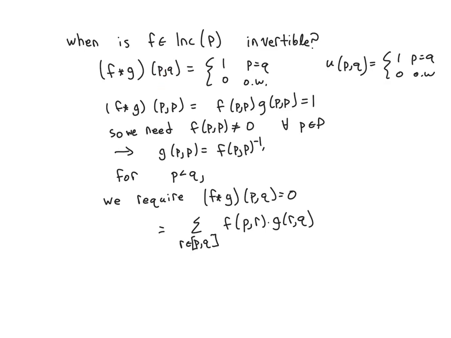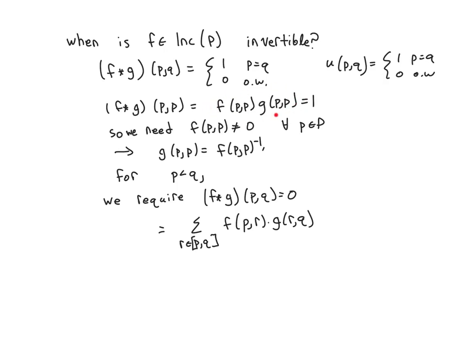So as we've done other times we've talked about inverses, we start to check conditions. We want 1 when P is equal to Q, so that means that f convolved with g applied to PP should be 1. But in terms of the convolution formula, what should that mean? Well, you sum over all elements in the interval PP, but there's only one element, that's P itself.